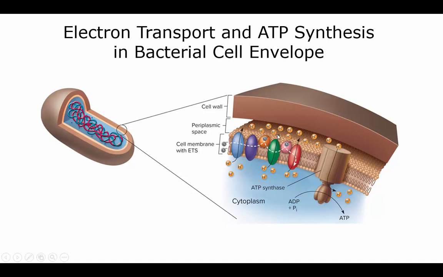We have more of them up here than we do down here, and so they will move through this ATP synthase, this enzyme complex, and when they do that, we take ADP and add a phosphate to it to make ATP.